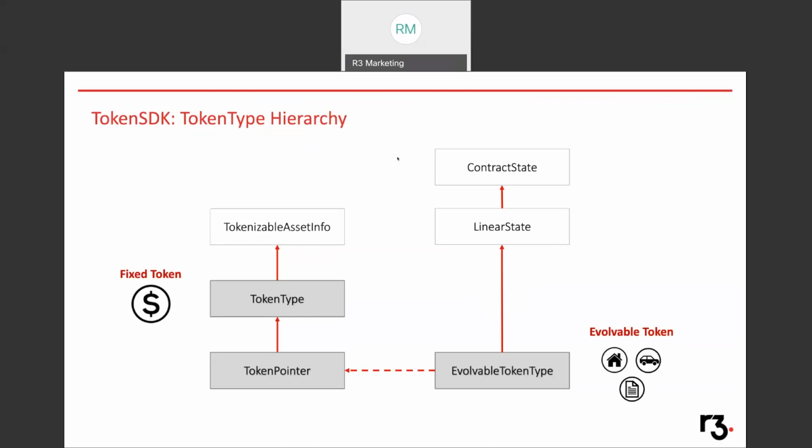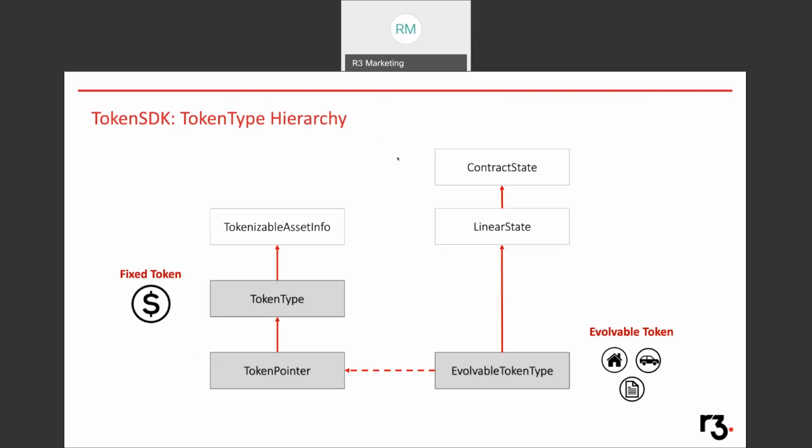On the other hand, it might be that you're representing something like a car. Now, there are a number of attributes to a car that are fixed. For instance, the maker of the car, the brand, the model number, the serial number, those are all things that are pretty fixed, right? And generally speaking, for an evolvable token, you would check that those things are unchanged over time in the contract that I mentioned earlier.